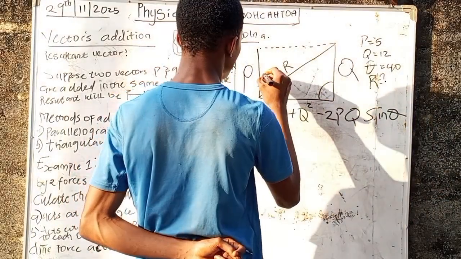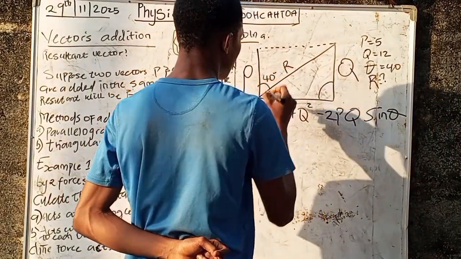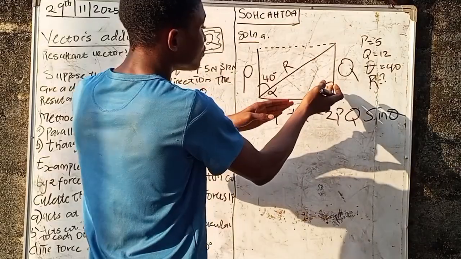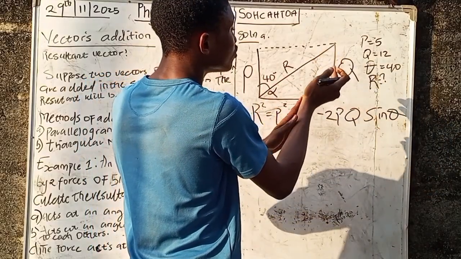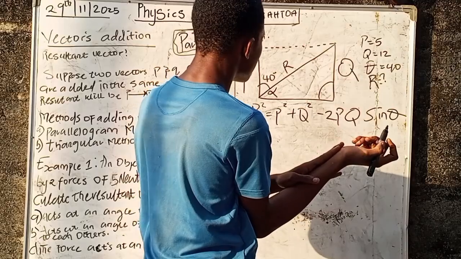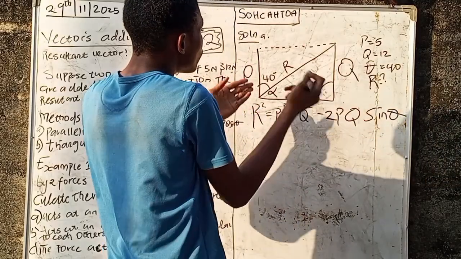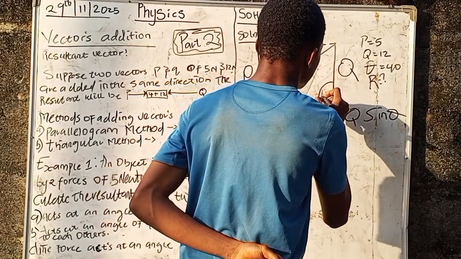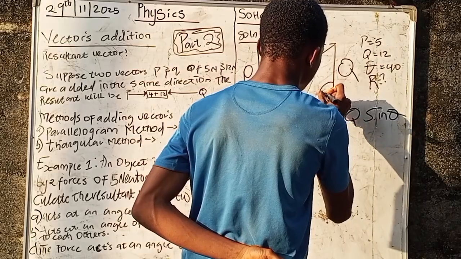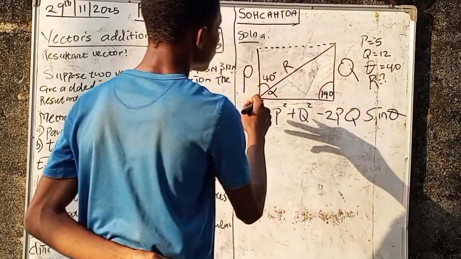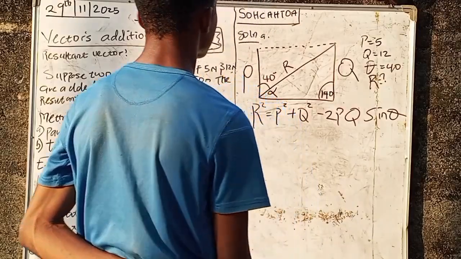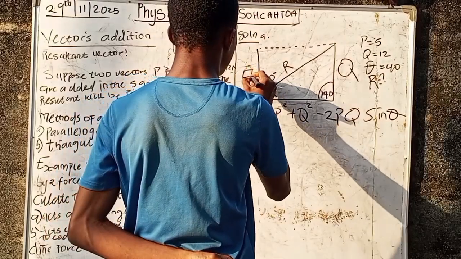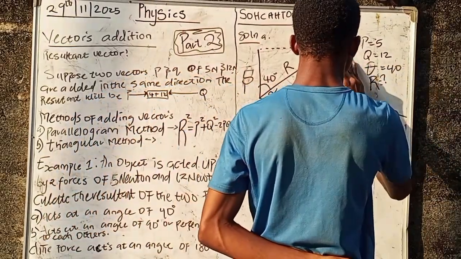We are given 40 degrees to work with, and if you remove this part, you know that this remaining is a triangle, and the sum of angles in a triangle is 180. So what will you add to 40 to give us 180? So here will be 140, because 140 plus 40 will give us 180.